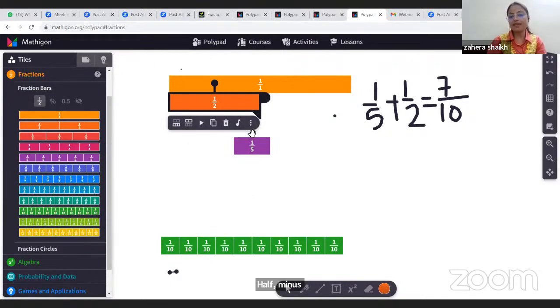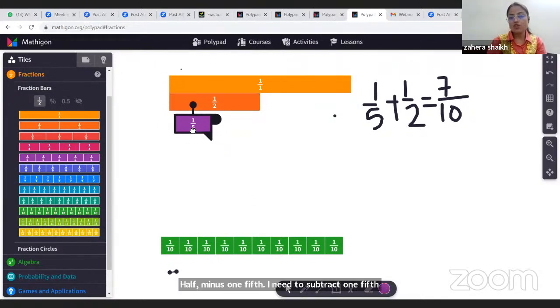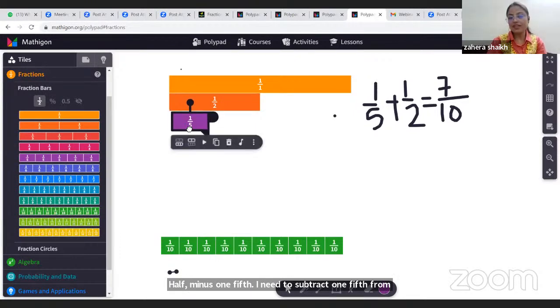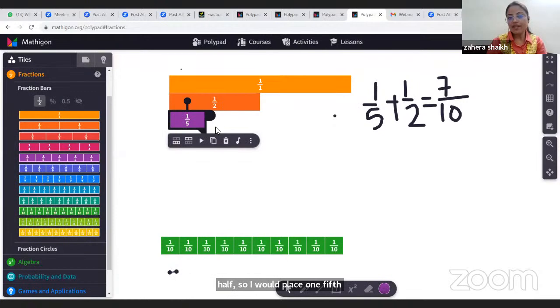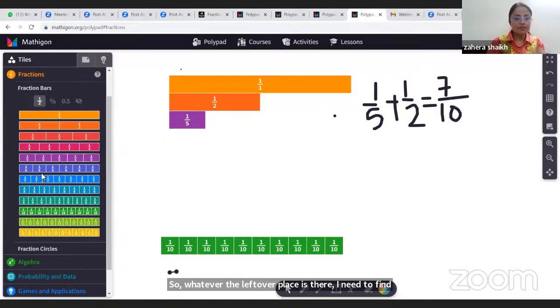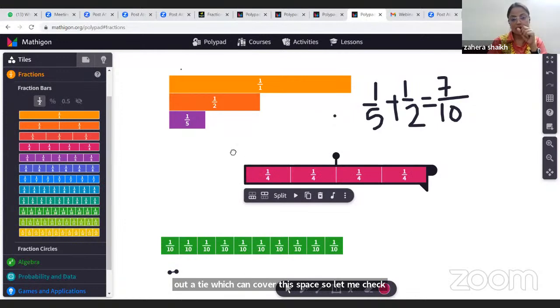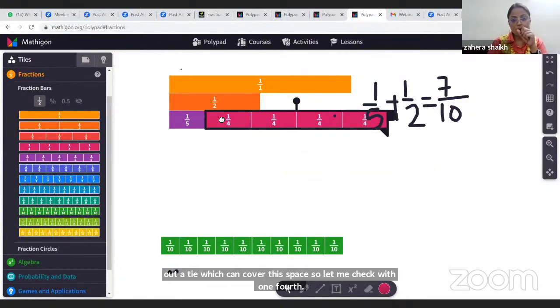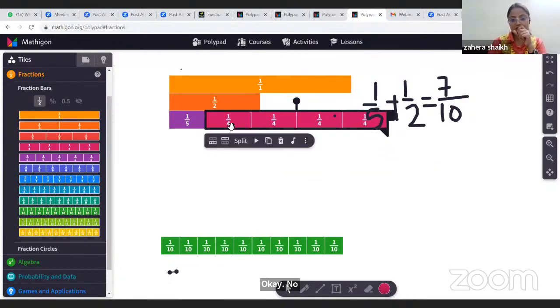I need to subtract 1/5 from half. So I would place 1/5 under this half. Whatever the leftover place is, I need to find a tile which can cover this space. So let me check with 1/4. No, I cannot find that this 1/4 will have the same space to cover this leftover part of half.